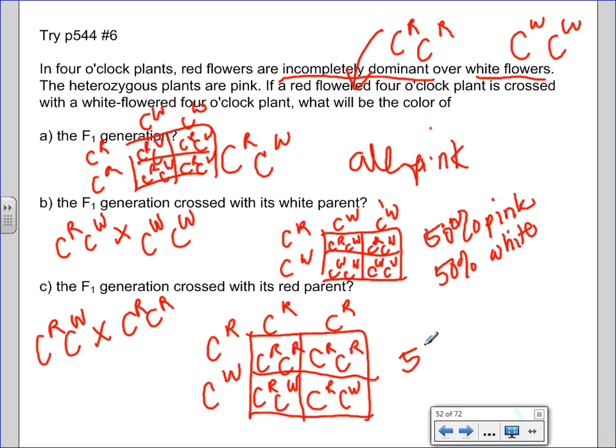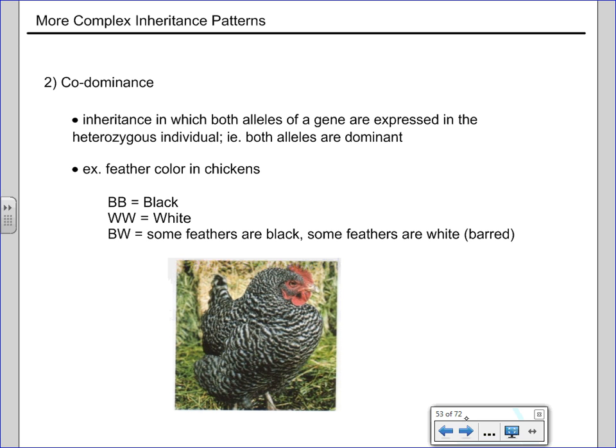So you get 50% pink and 50% red. Cool. Okay, so that is incomplete dominance, where neither is dominant over the other. Instead, you get almost like the blended trait.